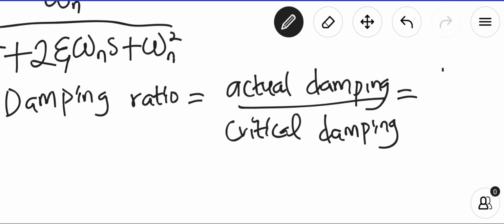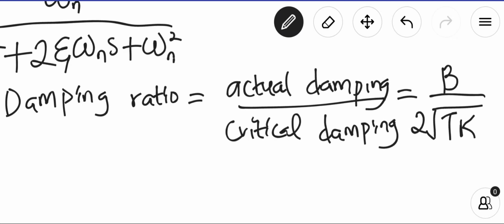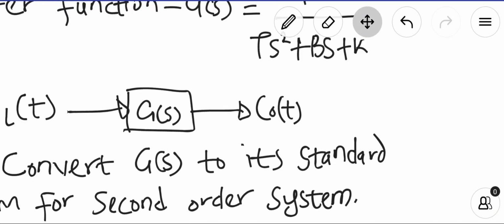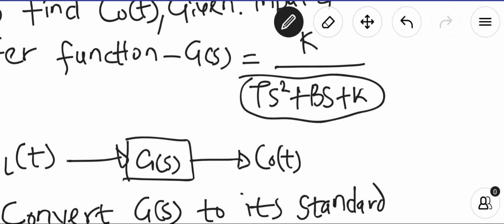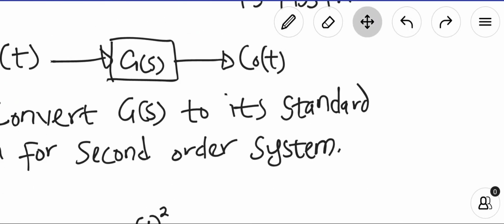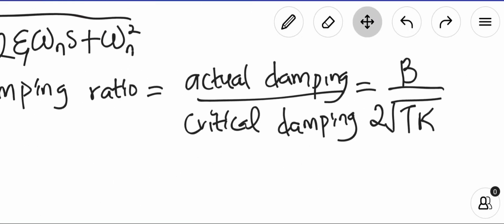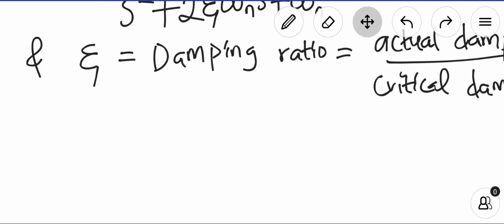And it is equal to b over 2 root Tk from the original equation given. You'll be given this characteristic equation, so you get your values from there.